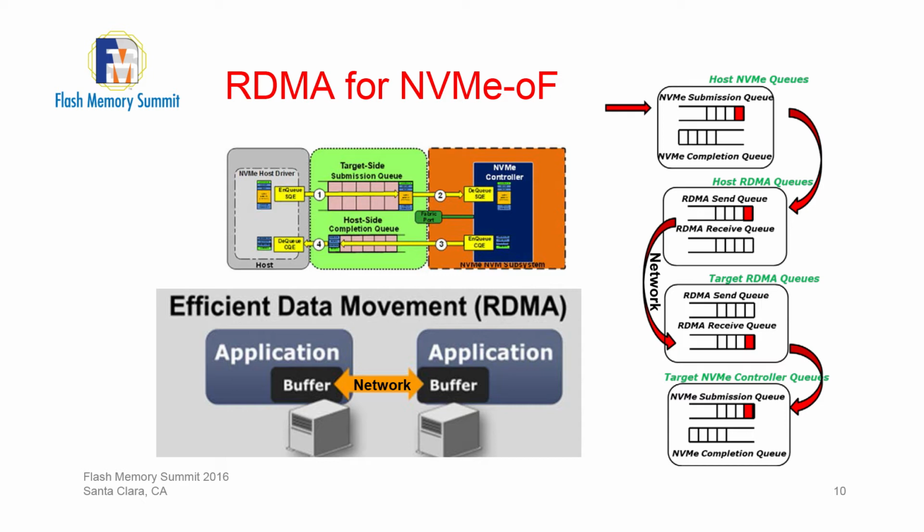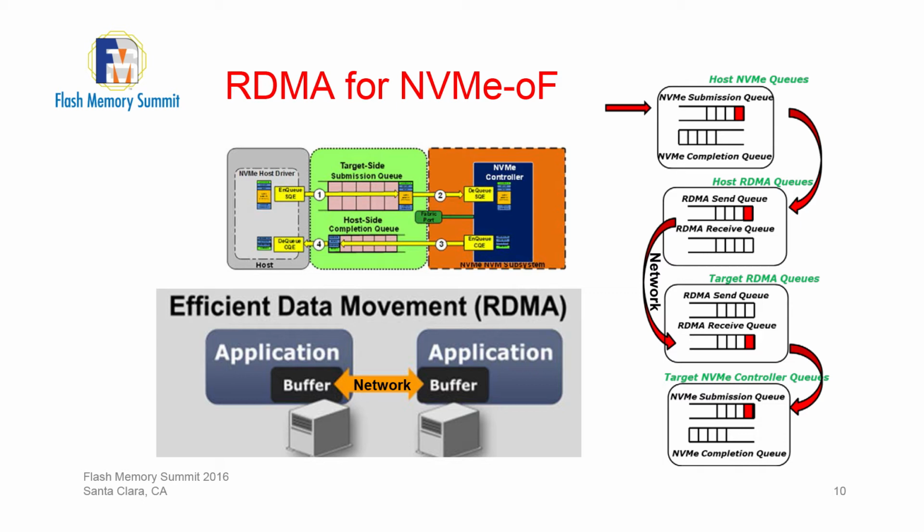In the NVMe protocol, there have probably been many earlier talks on this, but basically you take the command from the NVMe stack, encapsulate it into the RDMA command, and send it across the network. The queuing mechanisms almost match up perfectly.